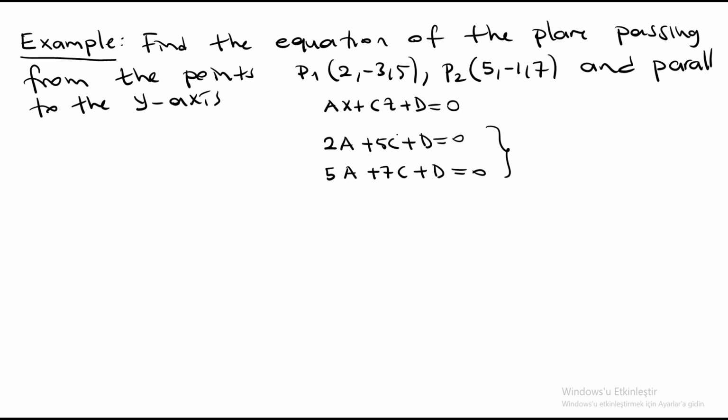Okay, from these two equations, I subtract the second one from the first one. So -3 times A minus 2 times C equals 0.